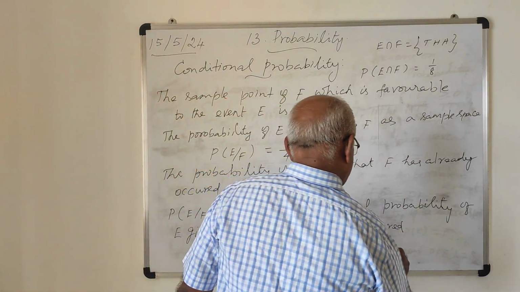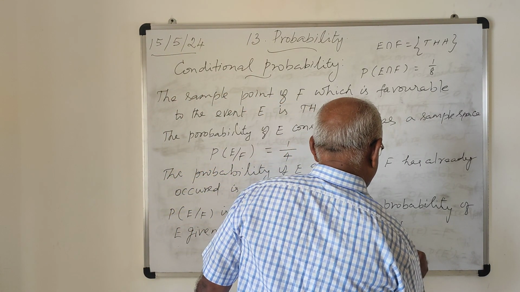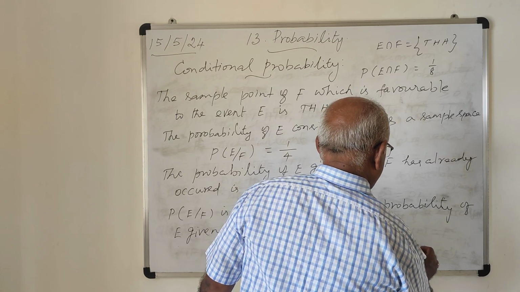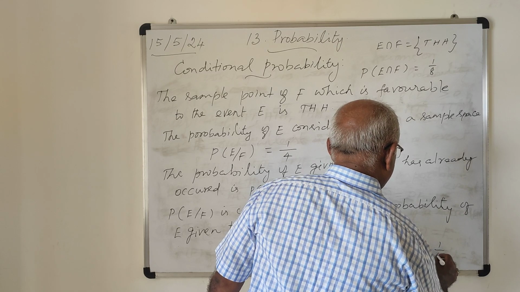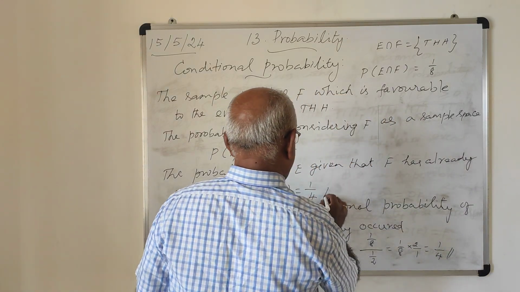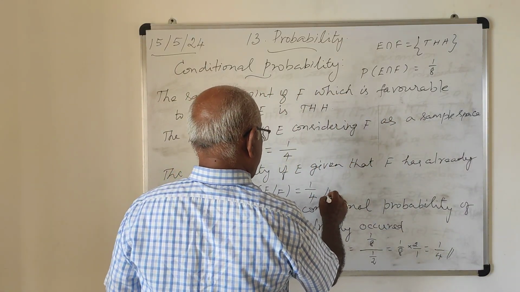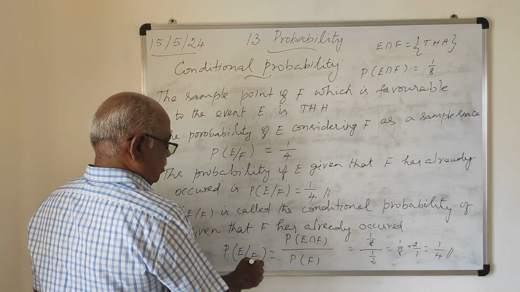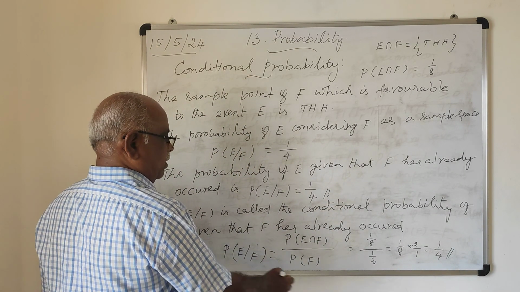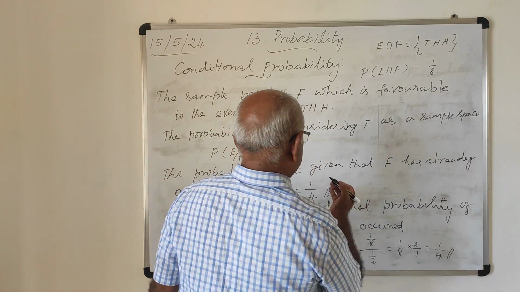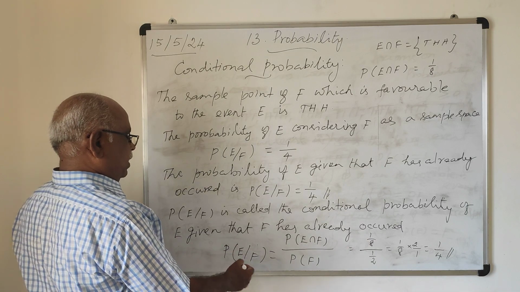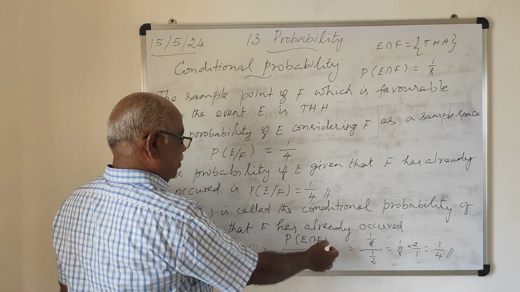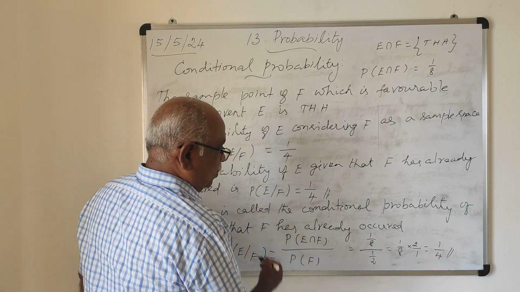So this is equal to 1 by 8 into 2 by 1, that is equal to 1 by 4. So the conditional probability of E, when F has already occurred, P of E by F, is 1 by 4. This is the definition of conditional probability: P of E by F is equal to P of E intersection F by P of F, where P of F is not equal to 0.